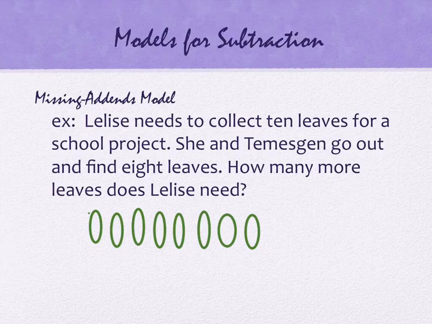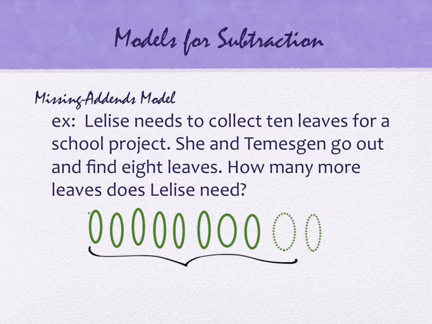And then we're missing a couple, right? What are we missing? Well, we're missing 2. See them dotted? We don't actually have them, but this is how many we would need in order to have 10 of them. And then the answer is the ones that are in dotted form. The answer is that there are 2 leaves that we still need.